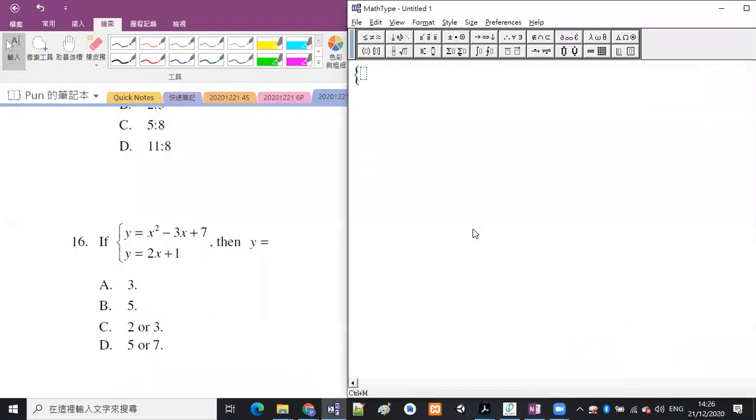So we have y equals x squared minus 3x plus 7 to be equation 1, and we have y equals 2x plus 1 to be equation 2.